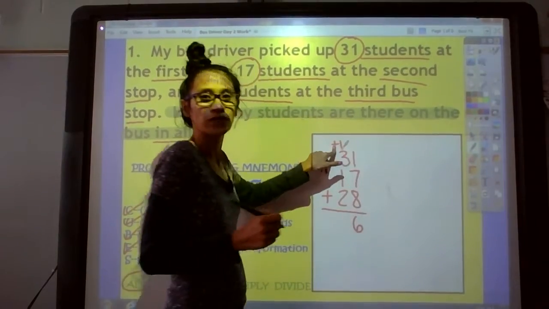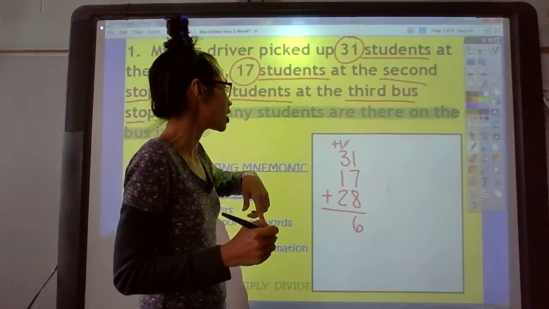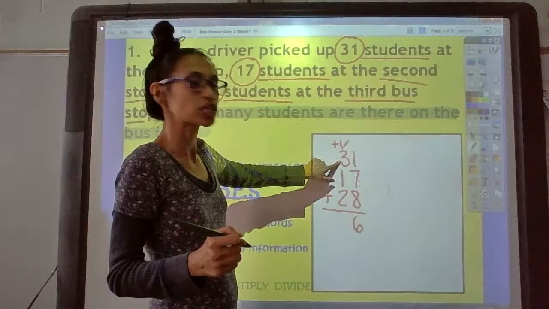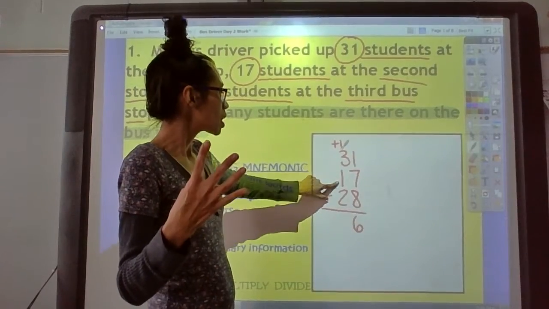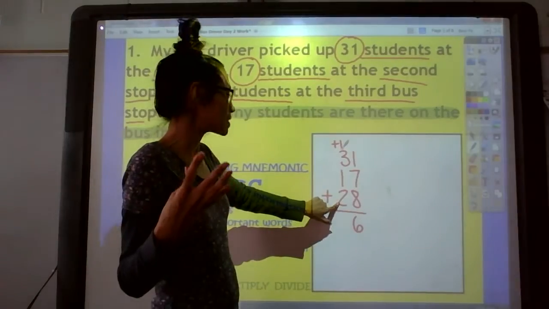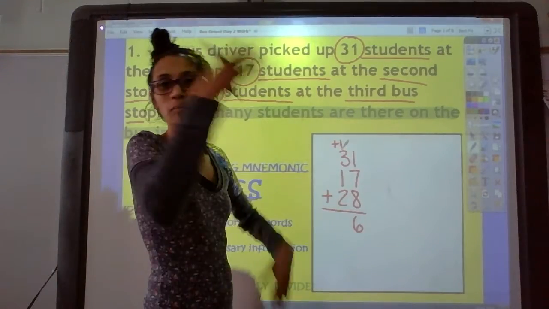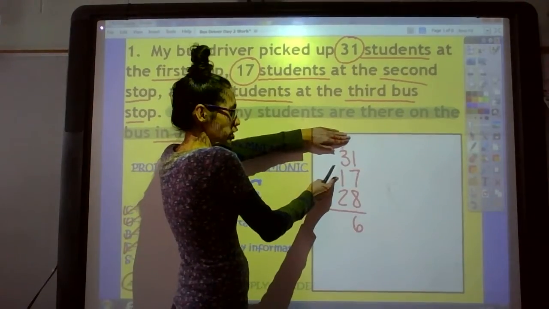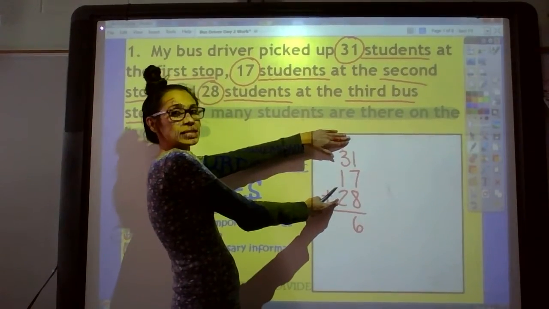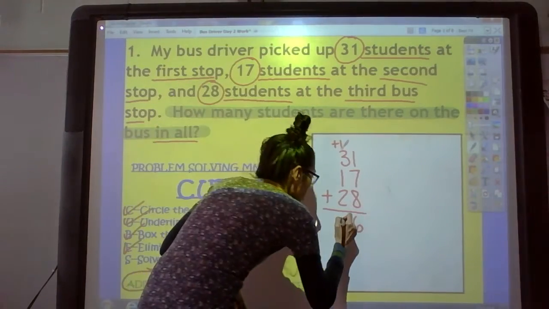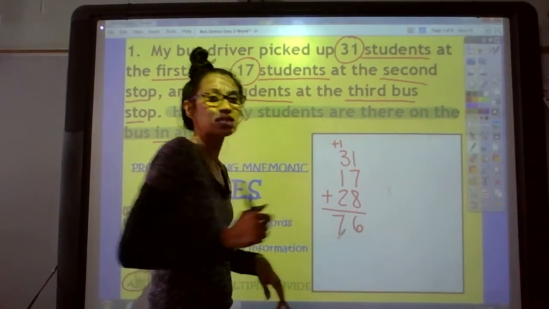I think some people get confused about that one. So we can write a plus 1 at the top. And now we have 1 plus 3 is 4. Plus 1 is 5. Plus 2 more is 7. Or you can mix up the numbers as long as you don't leave anything out. And do 3 and 1 is 4. Plus 2 is 6. And 1 is 7. So the answer, bam, right there is 76.